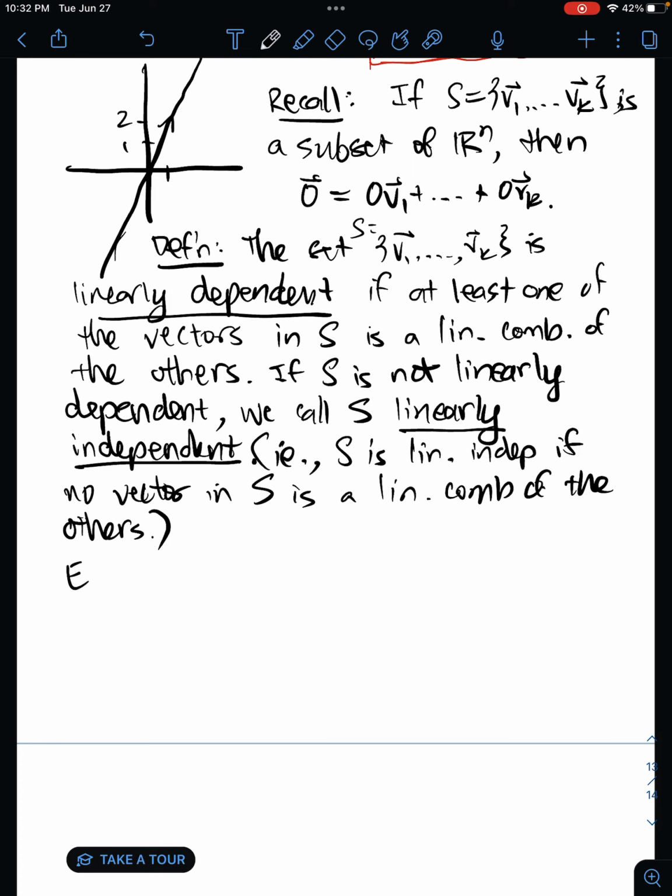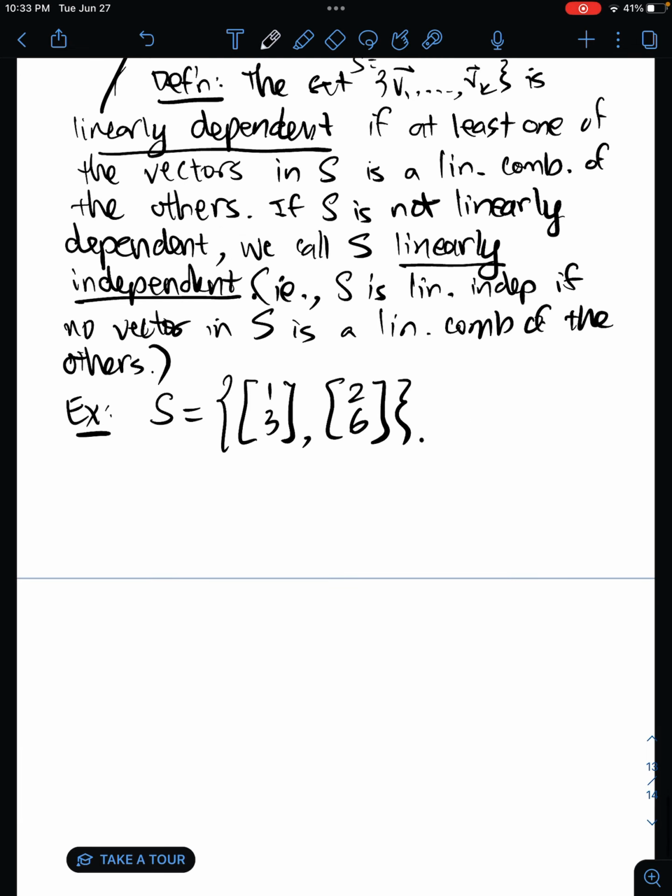So let's look at an example. Let's say S is the set (1, 3), (2, 6). Is this linearly independent or dependent? It has to be one or the other. You can't have neither. It's either linearly dependent or linearly independent. So which one is this one? Can I write one of the vectors in S as a linear combination of the others?